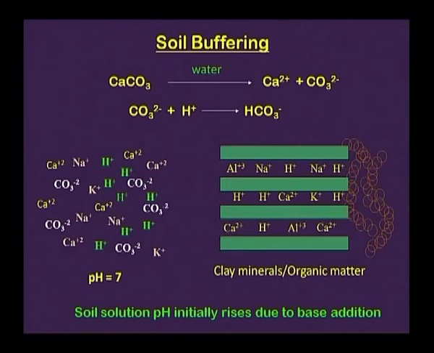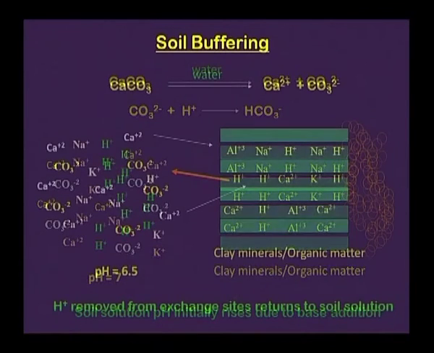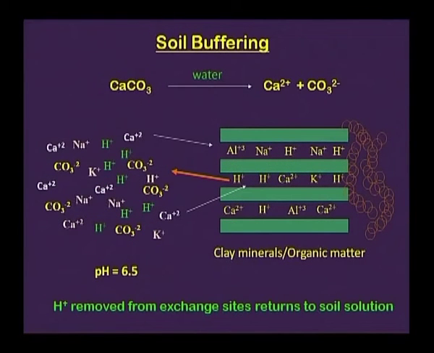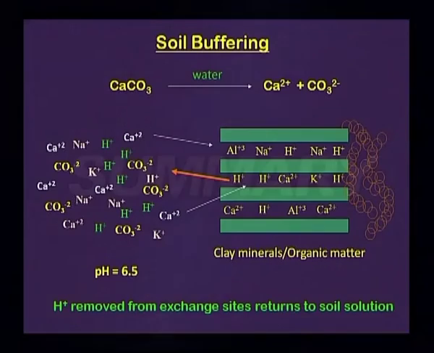So the pH has increased up to 7. But as the hydrogen ions are removed from the exchange sites and come into the soil solution, the soil pH again comes down to 6.5. It means the soil is resisting the change of its pH. This is called soil buffering.